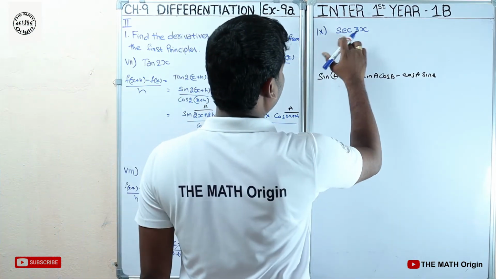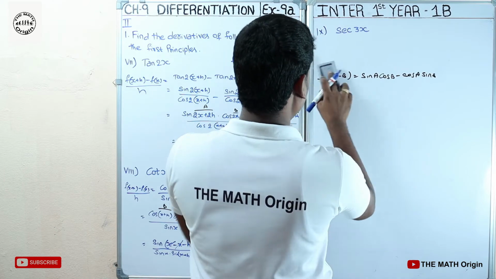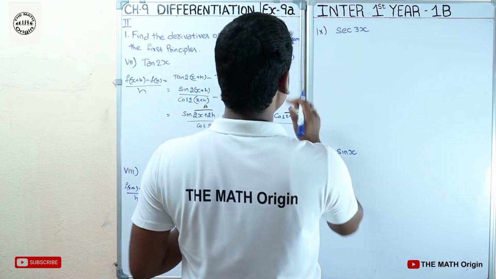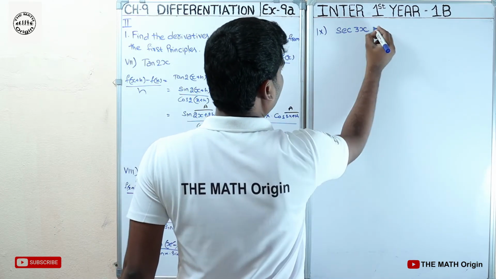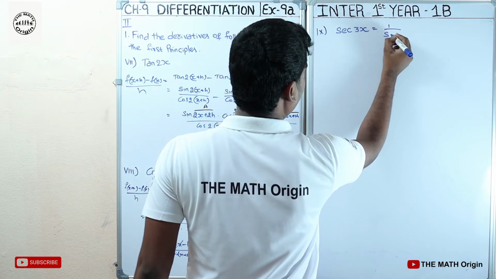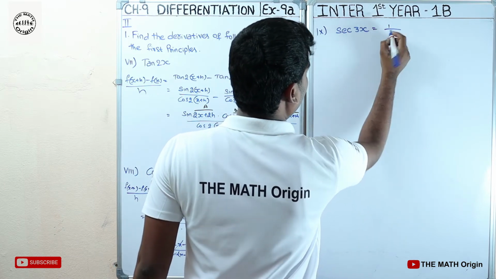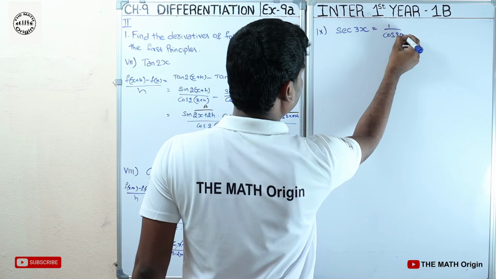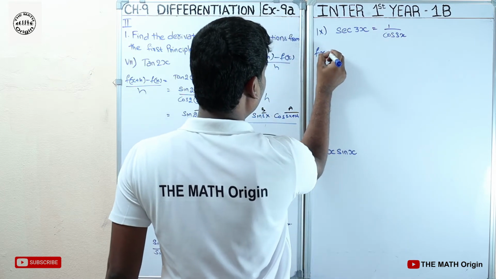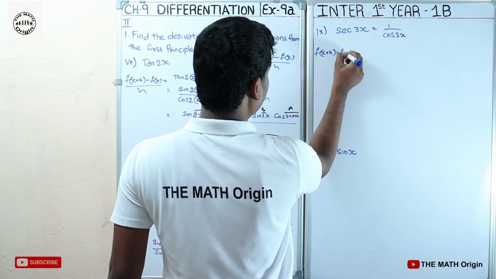Ninth one, secant 3x. Okay, let's do it. Secant 3x we can write as 1 by cos 3x. Now let's do f of x plus h minus f of x.